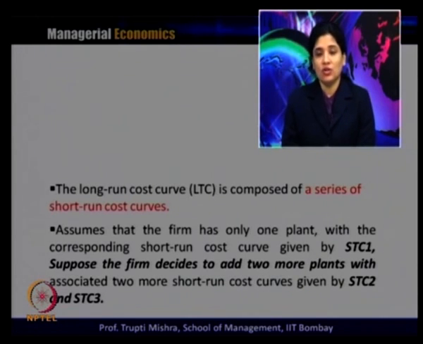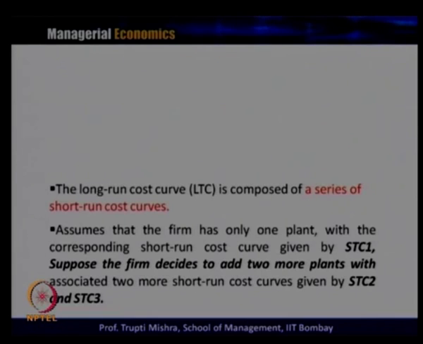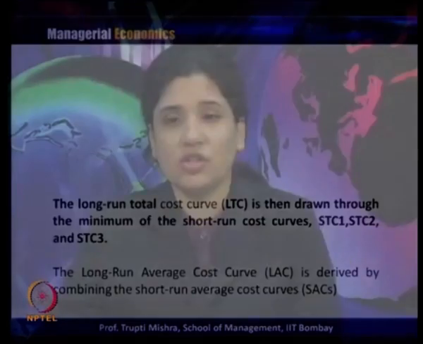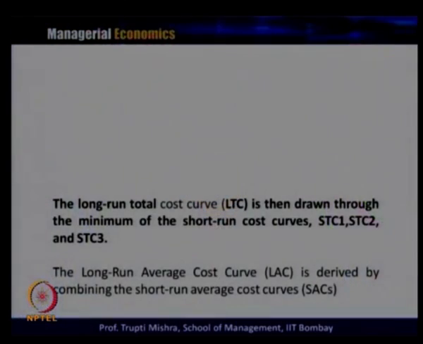If you take all of these, STC1, that is the cost curve in one short run, STC2, the cost curve in the second short run, and STC3, the cost curve in the third short run, altogether STC1, STC2 and STC3 will lead to the long run total cost curve.